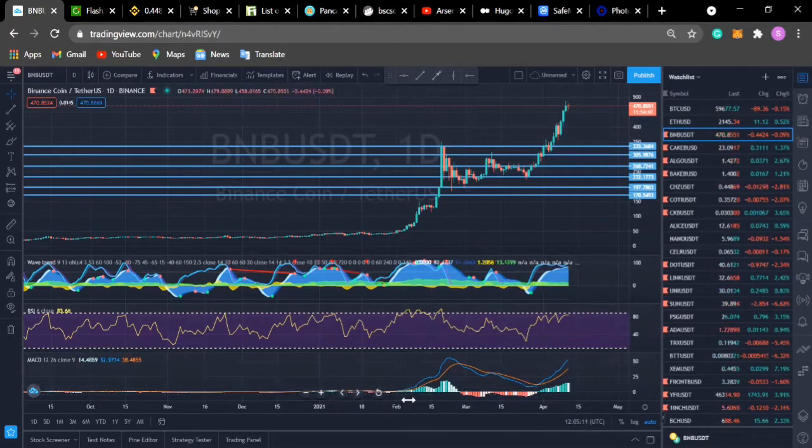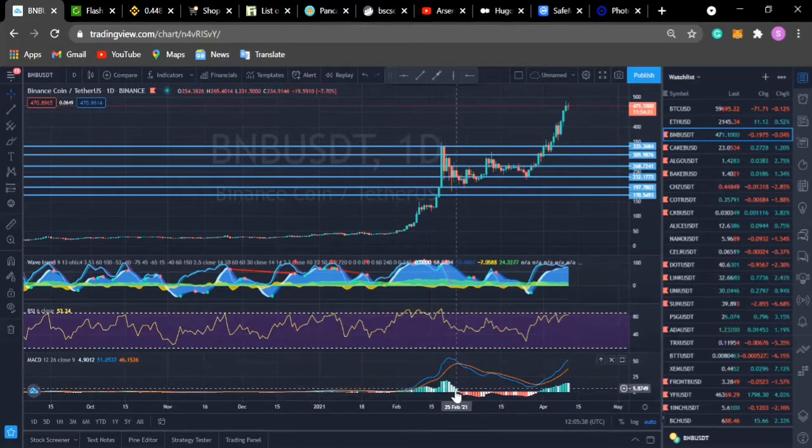First of all, what you need to know is when the blue crosses the red from the top, it indicates a sell. If it crosses the red from the bottom, it indicates a buy. So that's it.